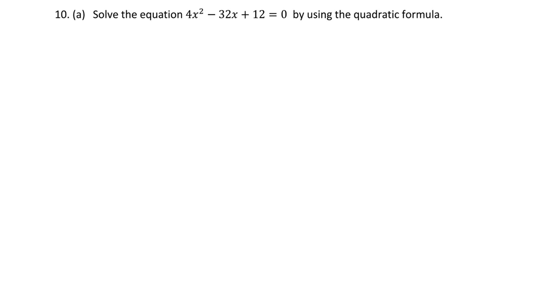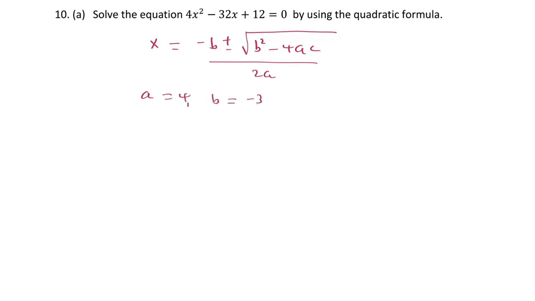Let us recall the quadratic formula, which says x equals negative b plus or minus the square root of b squared minus 4ac, over 2a. Okay, now from our equation, a is 4, b equals negative 32, and c equals 12.